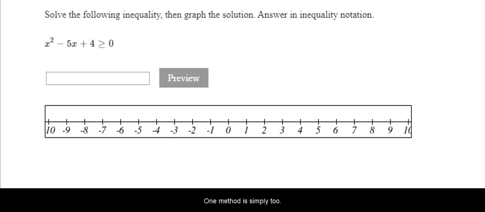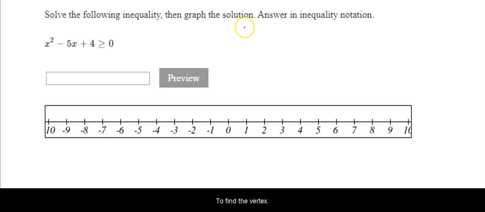One method is simply to graph what x squared minus 5x plus 4 would look like. To say it is greater than or equal to 0 means the y value is greater than or equal to 0. If I were to graph x squared minus 5x plus 4, I would need to find the vertex, the y-intercept, and the x-intercepts.